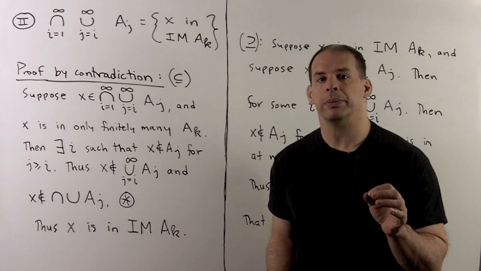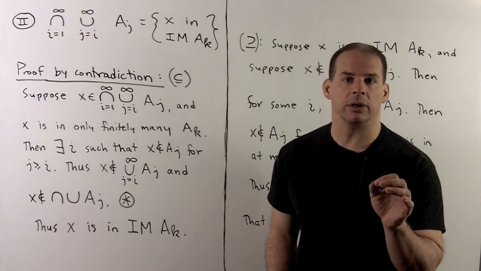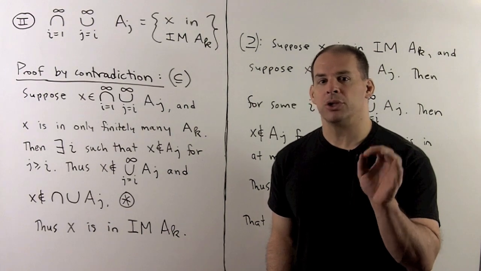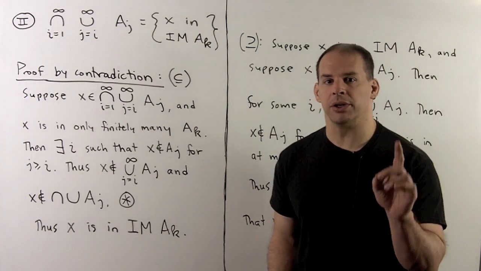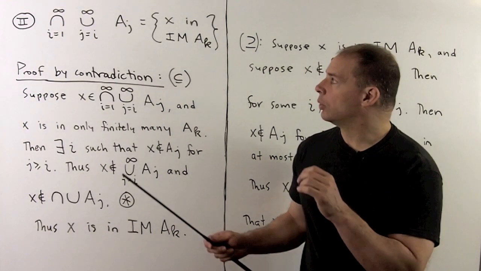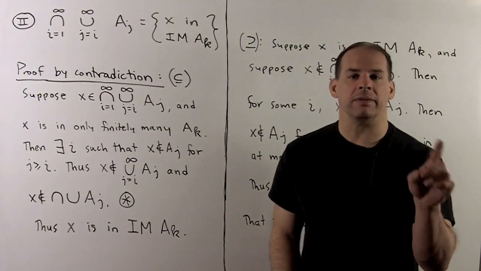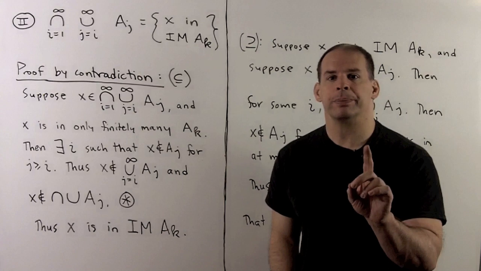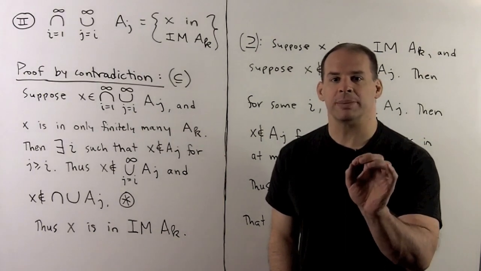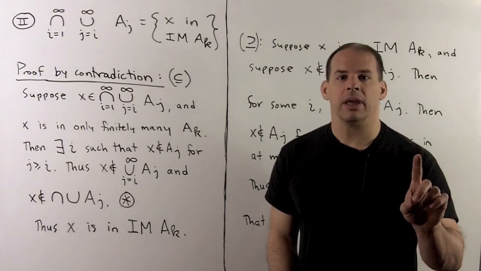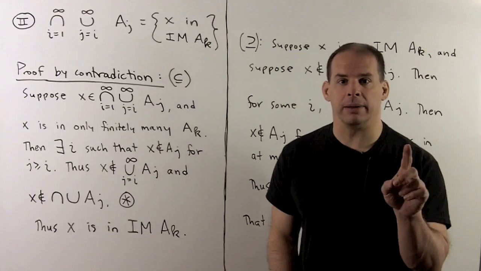For number 2, things aren't so straightforward. It's recommended that you try to figure it out yourself before continuing. We note, I want to consider x that appear in infinitely many of the a sub k's. So remember, infinite just means not finite, and we can wrap our head around finite.